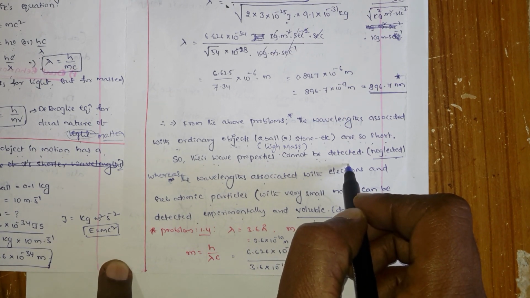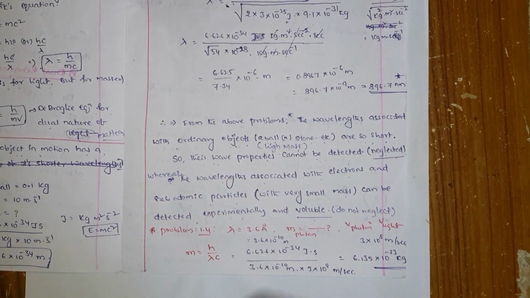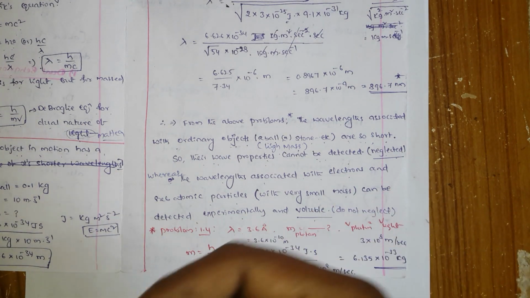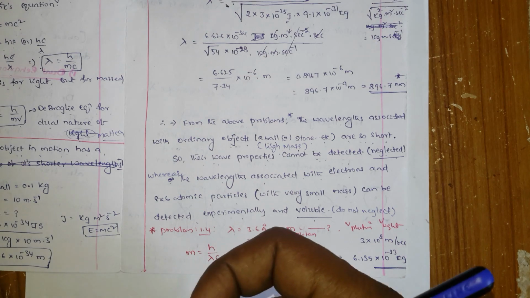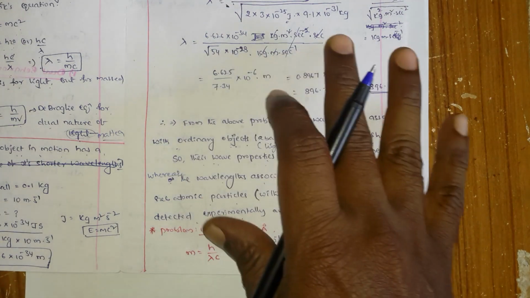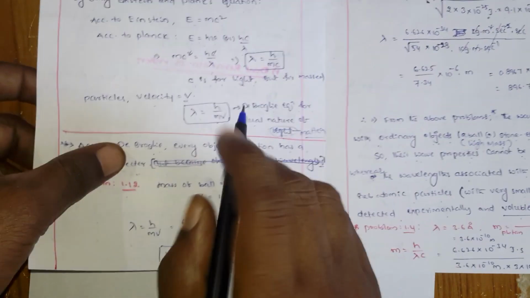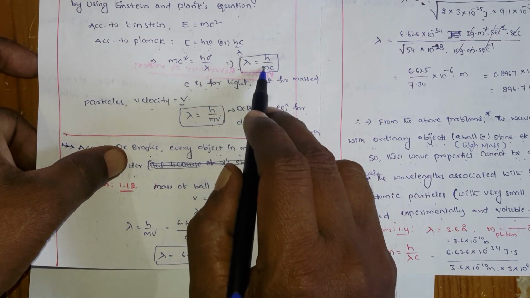Their properties cannot be detected because their mass is very high. That is the reason the wavelengths are very short, because what is his relation? The relation is lambda equals h by mc.